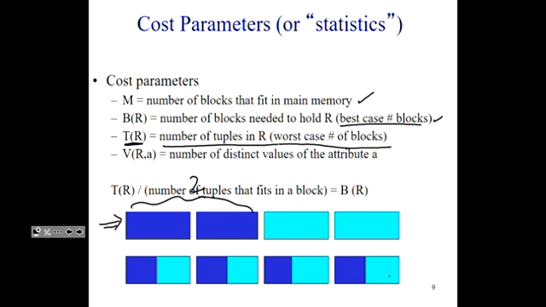The other quantity that I will mention now, but we won't focus on until later in the class, most likely not today but in the next class, is the number of distinct values.